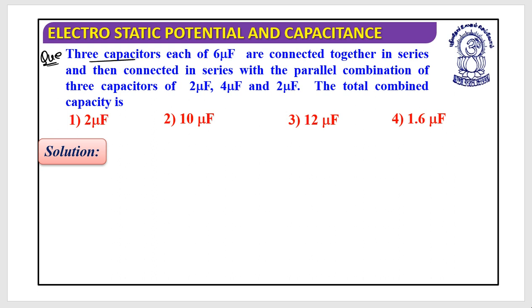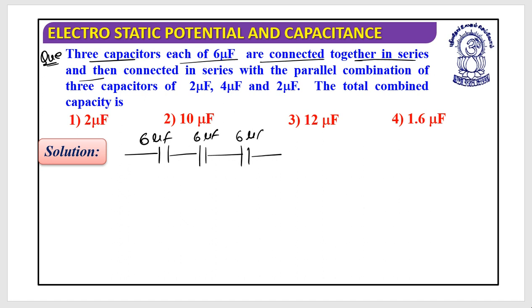What they say is the three capacitors, each of 6 microfarad, are connected together in series. So first let's have a sketch of this. It's a 6, 6, 6. So this is 6 microfarad, 6 microfarad and 6 microfarad, and then connected in series with the parallel combination of three capacitors.